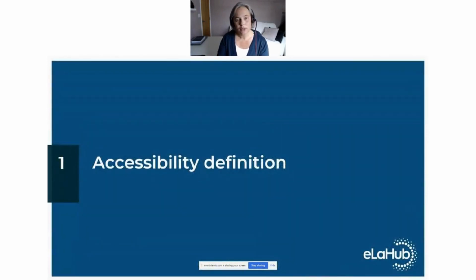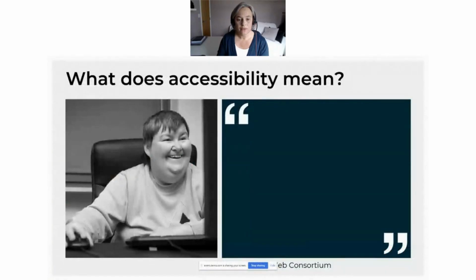Okay, so we said we were going to start by having a look at what accessibility meant. So we'll start with a definition of accessibility. I often find that when I use the term accessibility in an e-learning context, a lot of people misunderstand me and think I'm using accessibility in the sense of something that you can easily get or easily attain, or something that is easy to understand or appreciate.